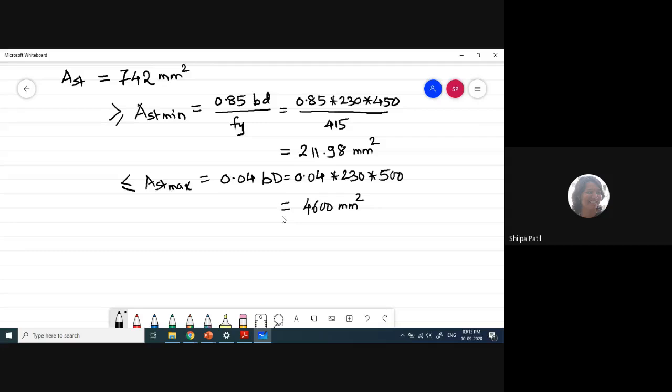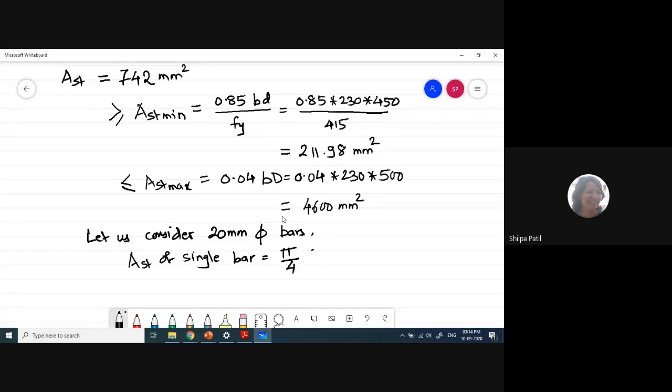Okay, so if I assume that I am going to select 20 mm bar diameters, so let us consider 20 mm dia bars. Okay, so area of the single bar, what will be that?